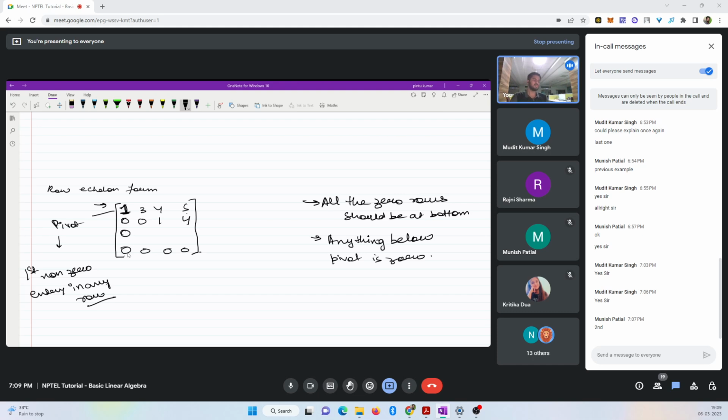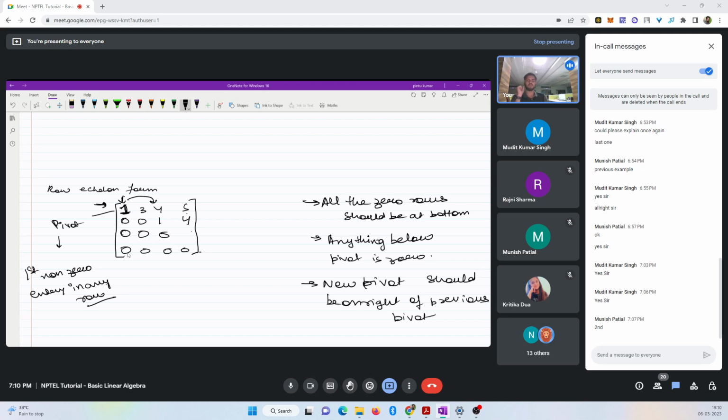Okay. Next rule is that if you have, let's say, a pivot in the first column in the first row, then from the next row onwards, whenever you have a pivot element, the new pivot should be on the right of the previous pivot. Okay.